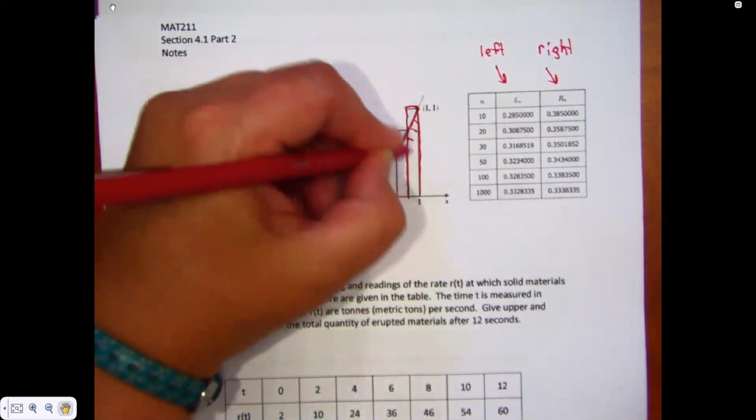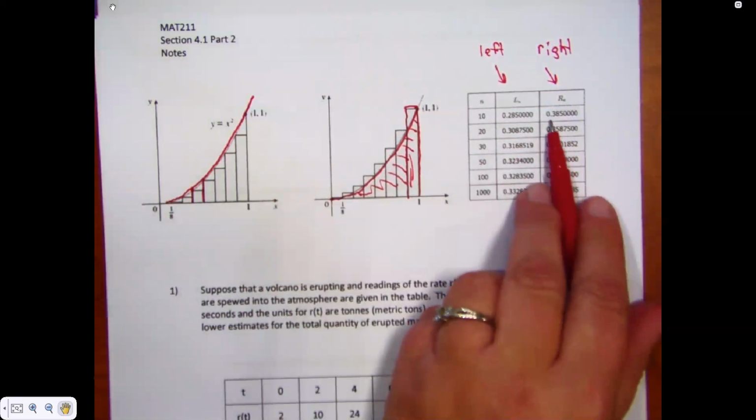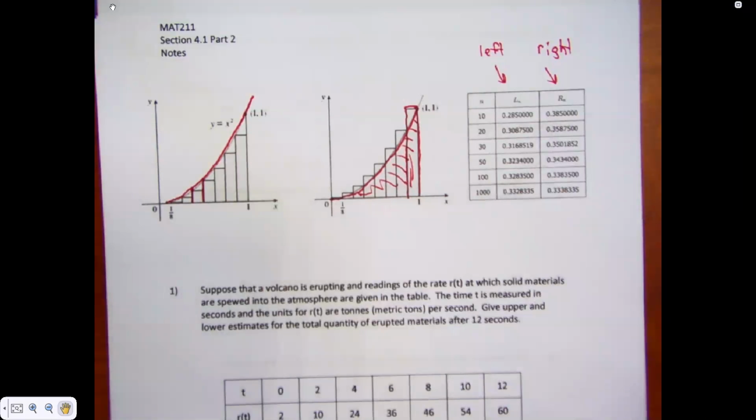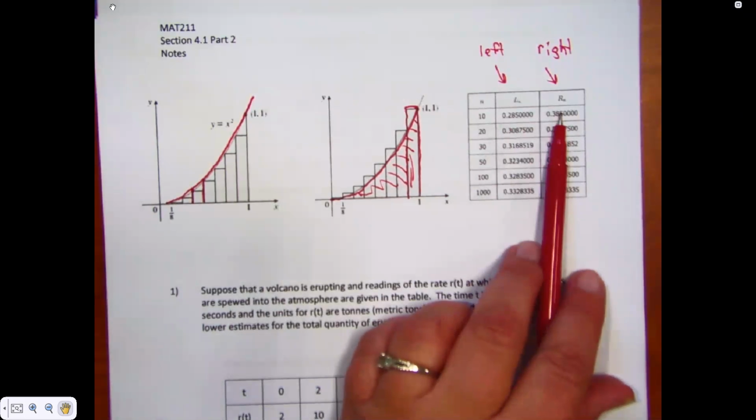If I do it from the right side, I get 0.385. Remember, we are just approximating. These two numbers approximate the same area, just with different rectangles. Does it make sense that different rectangles produce different answers if we're approximating?